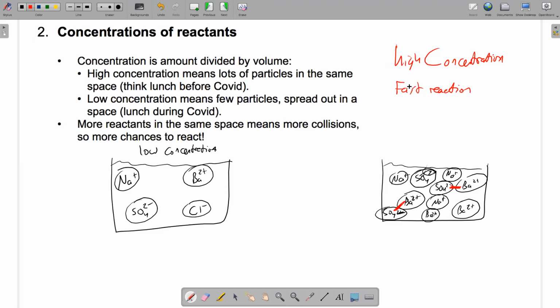Like the thing we did, the reaction with baking soda and vinegar. Vinegar is usually 5% acetic acid. So what that means is if you have vinegar, it's 95% water and then 5% acetic acid.